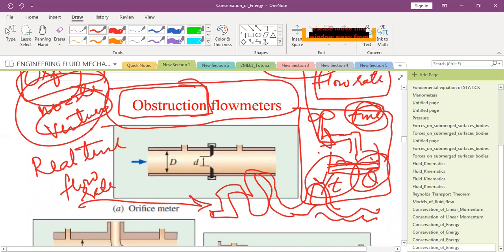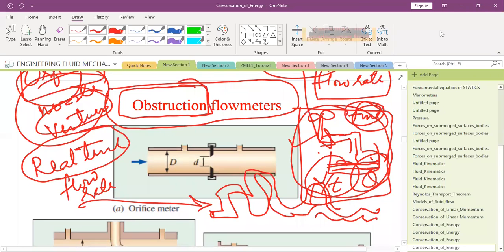What do you mean by real-time? What is the practical difficulty in such a system? If there is fluctuating flow and the flow rates are changing, can you measure with this method? Anyone?